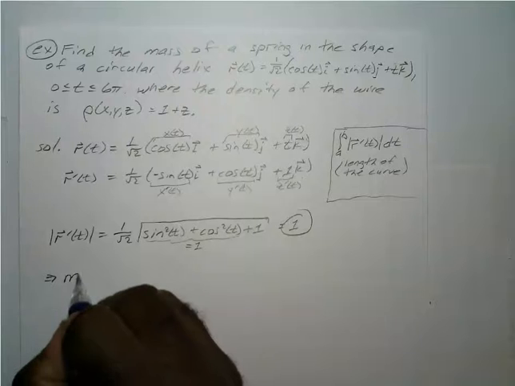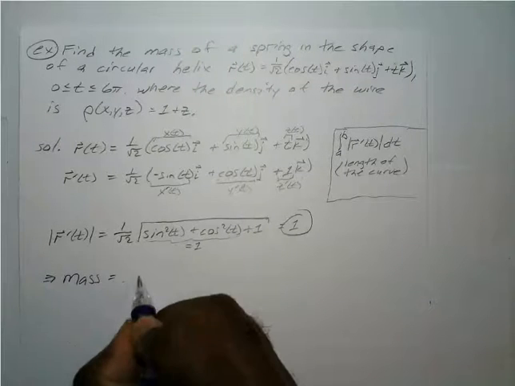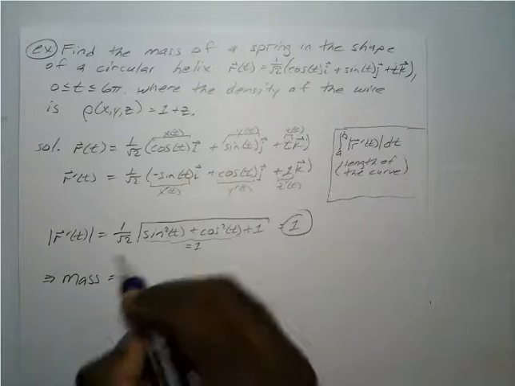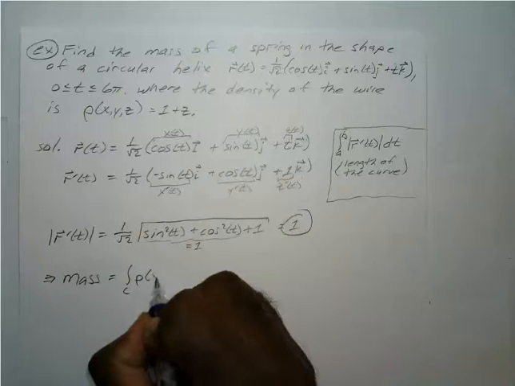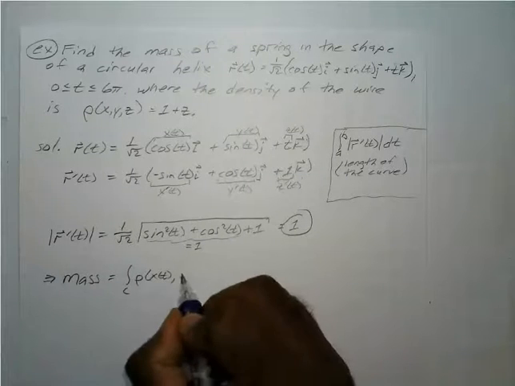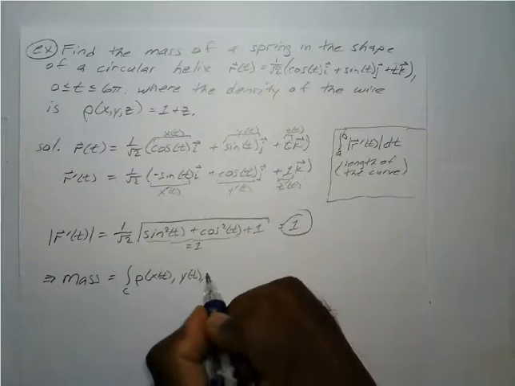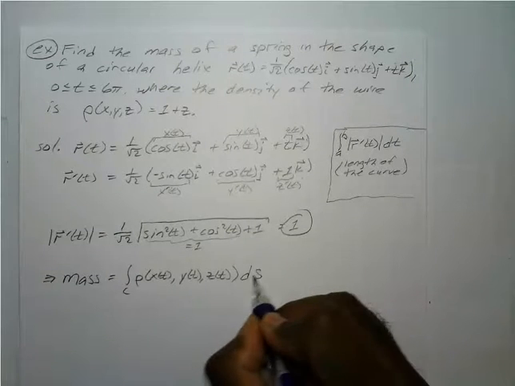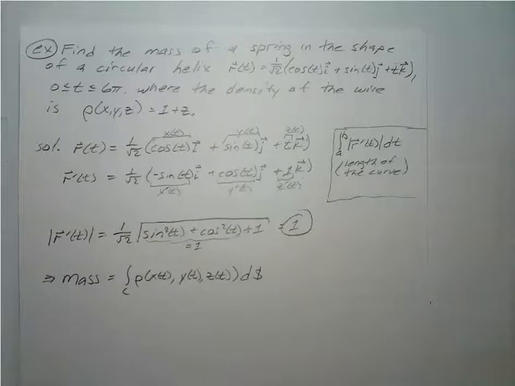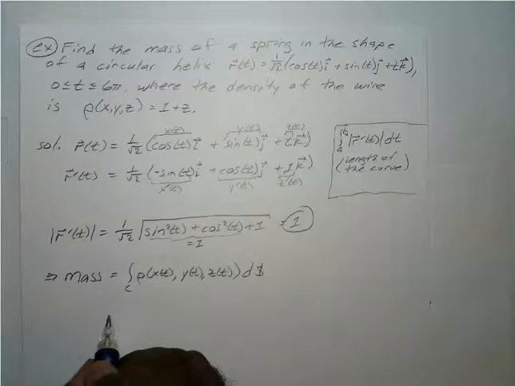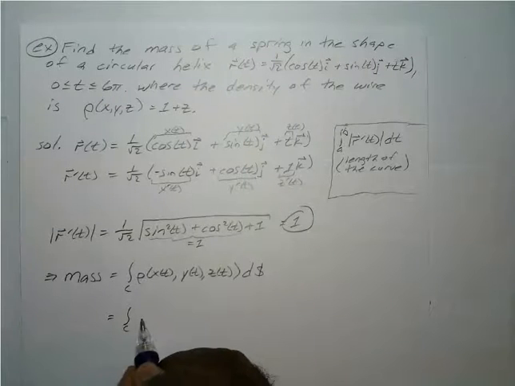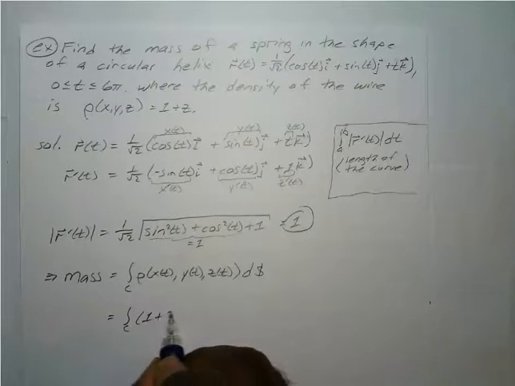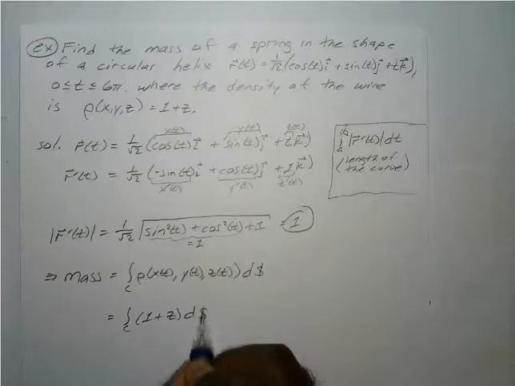Okay. So we know that our mass equals our integral. So it'll be rho of x of t, y of t, z of t with respect to s. Okay. So we know that's the integral of 1 plus z with respect to s.